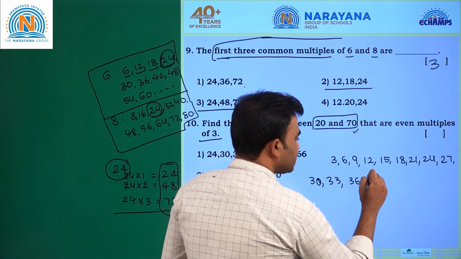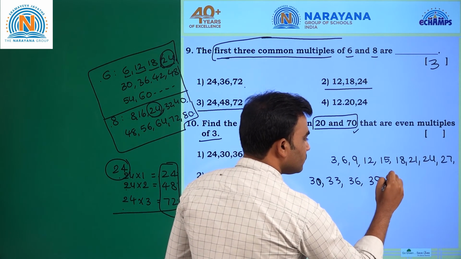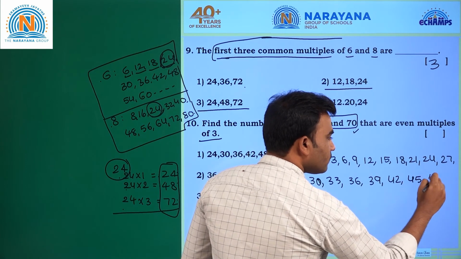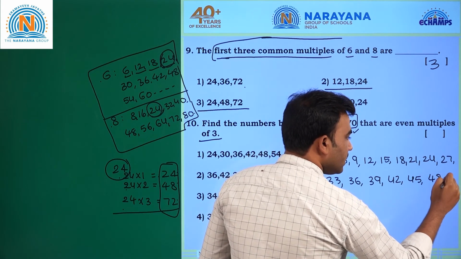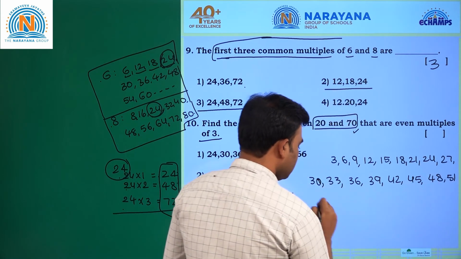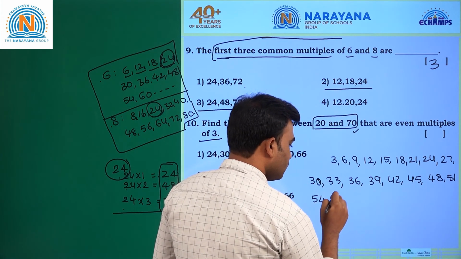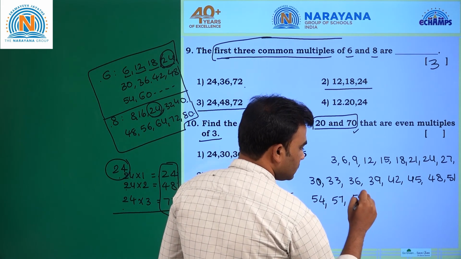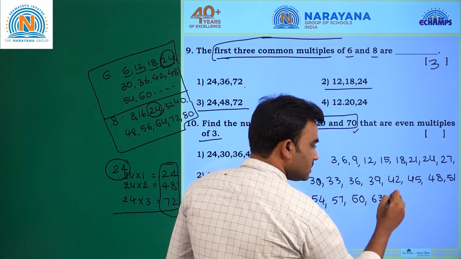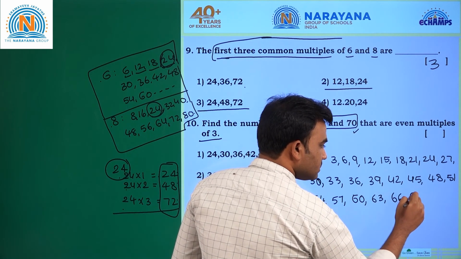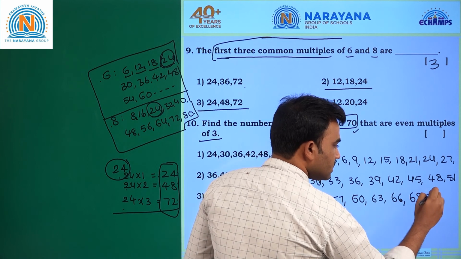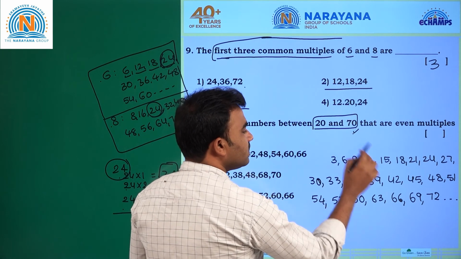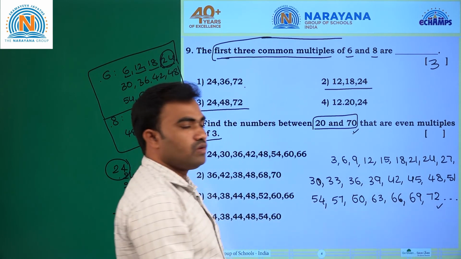Next, 39, 42, 45, 48, 51, 54, 57, 60, 63, 66, 69, 72 and so on. As we need up to 70, up to 72 is enough.